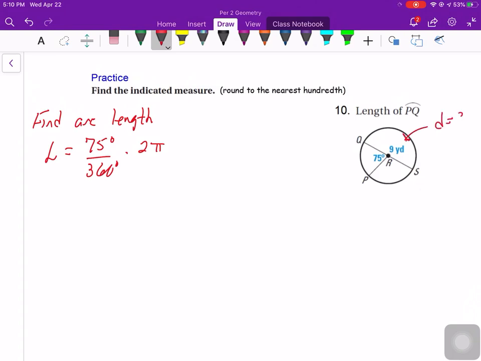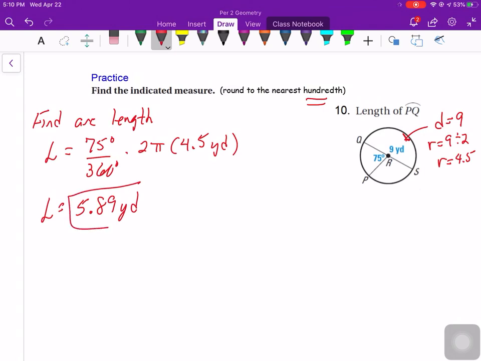They gave us the diameter was 9. So the radius will be 9 divided by 2, the radius being 4.5. And the units are yards. This time it says round to the nearest hundredth, so we put the entire thing into our calculator. We come up with 5.89 yards.